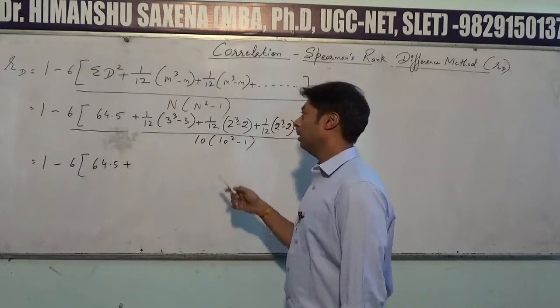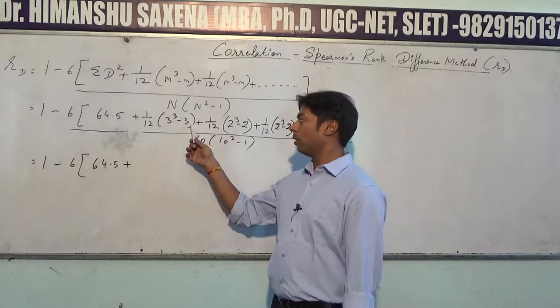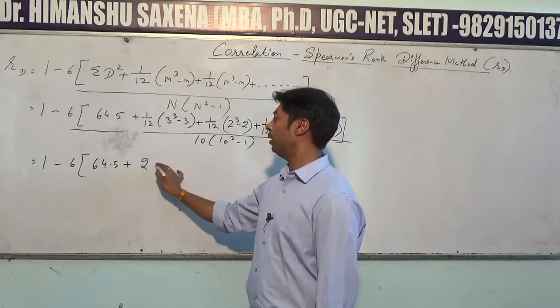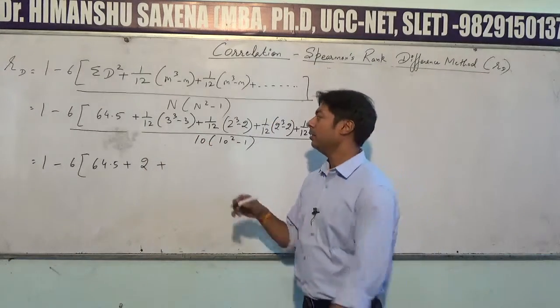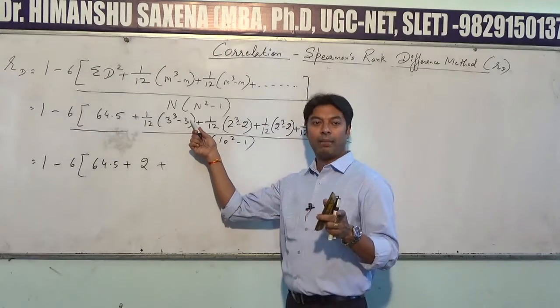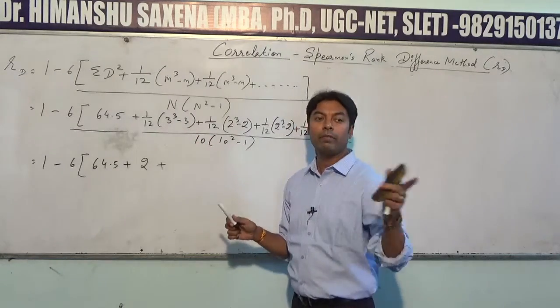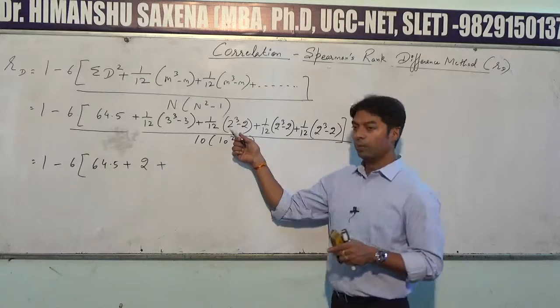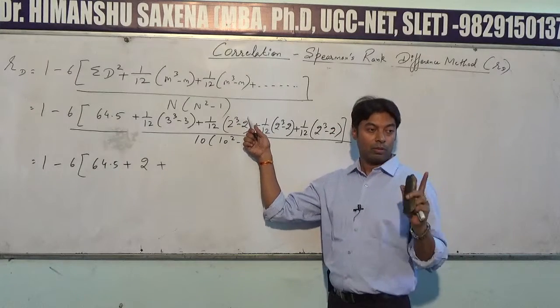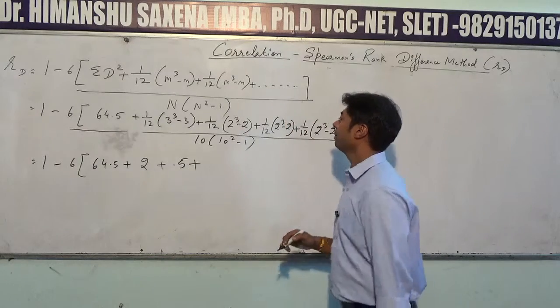Now 3 cube is 27, minus 3, 24 upon 12 will be equal to simply 2. I repeat, 3 cube is 27, minus 3 will be equal to 24, divided by 12 will give you simply 2. Then 2 cube, 8, minus 2, that will be equal to 6, 6 upon 12 will be equal to 0.5.